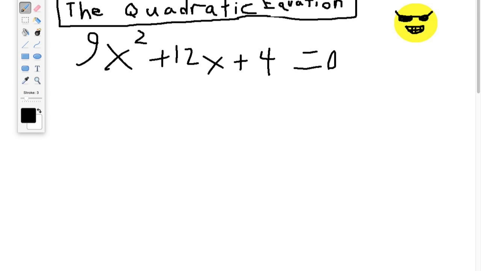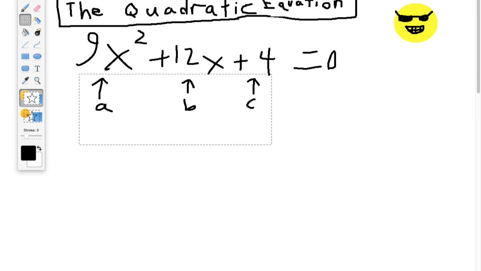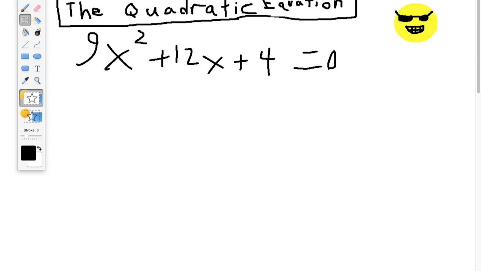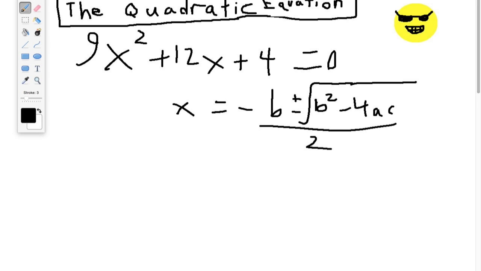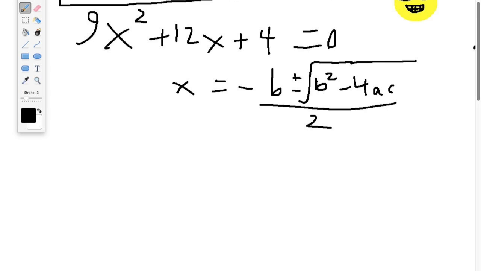0. So again, we have the a is right here, b is here, and this is our c, which is going to be plugged into the quadratic formula equation. So again, we have x equals negative b plus or minus the square root of b squared minus 4ac, divided by 2a. So we're going to plug these numbers in.